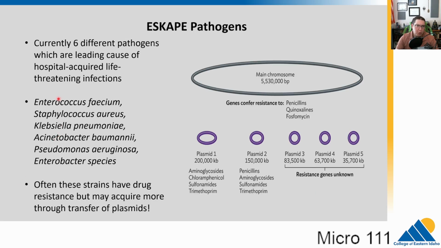So Klebsiella pneumonia is one of 6 different pathogens which are the leading causes of hospital-acquired, life-threatening infections. We call them the ESKAPE pathogens. These are Enterococcus faecium, Staphylococcus aureus, which you've probably heard of with MRSA, Klebsiella pneumonia, the one in this case, Acinetobacter baumannii, Pseudomonas aeruginosa, we've talked about that in cystic fibrosis patients, and other Enterobacter species.